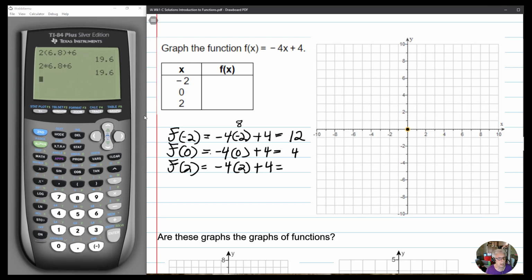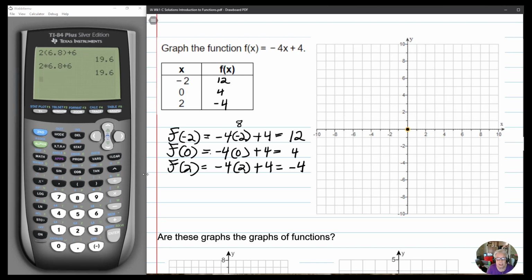Negative 4 times positive 2 is negative 8, plus 4 is negative 4. Now, it just so happens, let me write the numbers up here. 12, 4, negative 4.